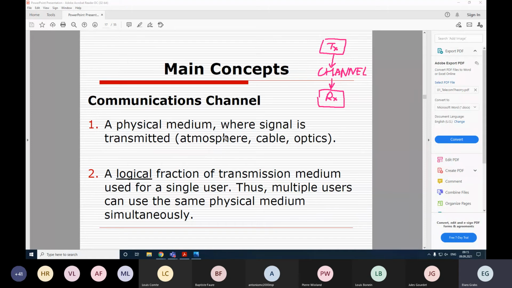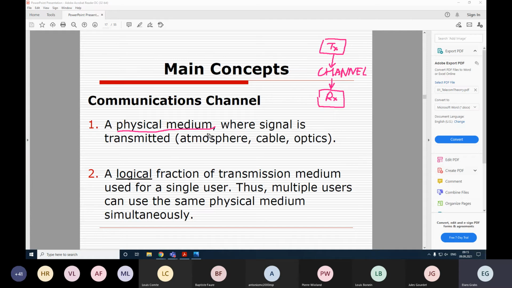It can be wired, it can be cable, it can be optical fiber, it can be air. Yes, it is even possible to send information in complete vacuum in space. So there are different types of channels. This is some sort of physical medium or, accordingly, space, where a signal can be transmitted.